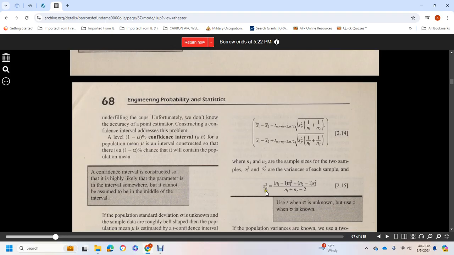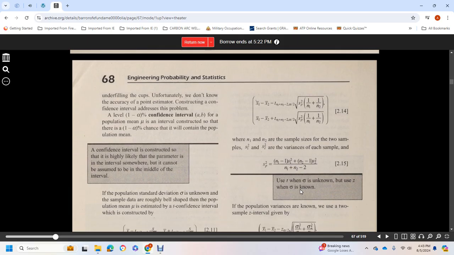The pooled variance is n1 minus 1 times s1 squared plus n2 minus 1 times s2 squared, over n1 plus n2 minus 2.